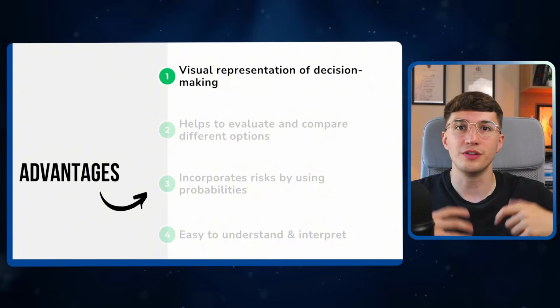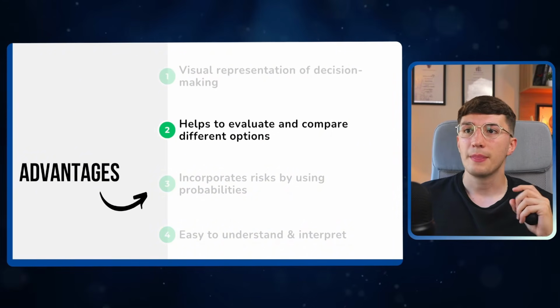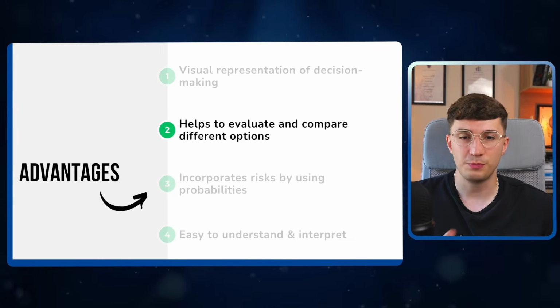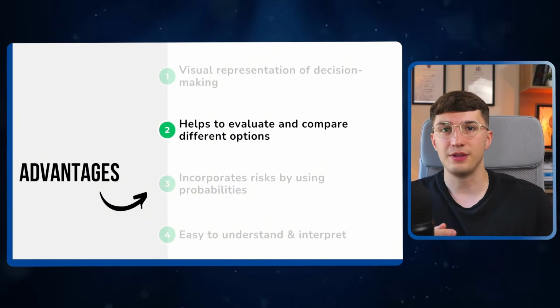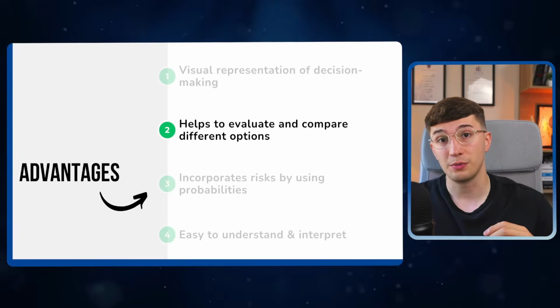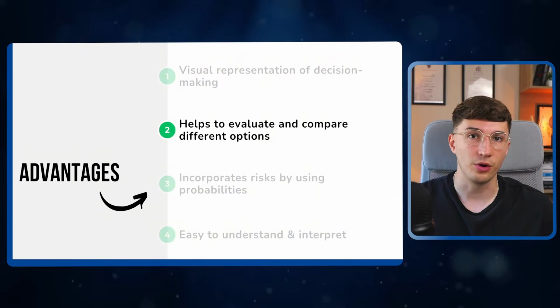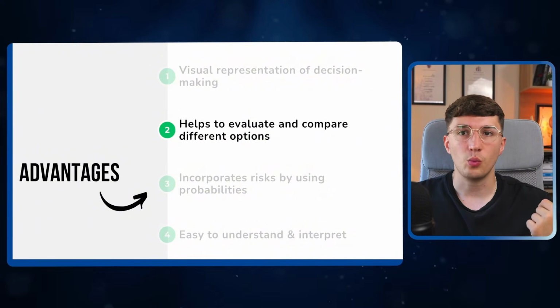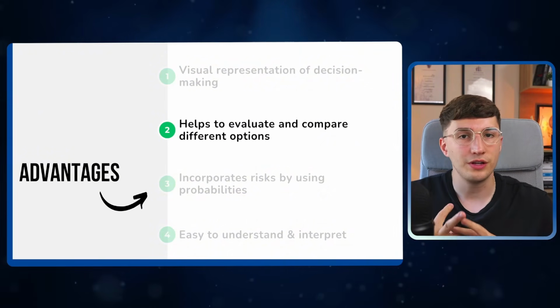It helps them understand the decision a bit more, and it also helps to evaluate and compare different options. We've been speaking about an example of a business looking at an advertisement campaign or investing in a new product. So by evaluating the different options, we are able then to understand which one is the best option for us to go forward.